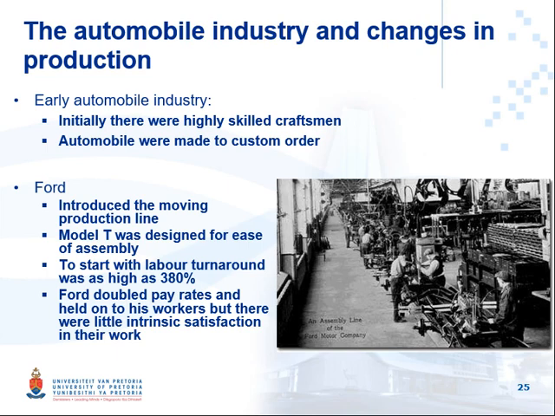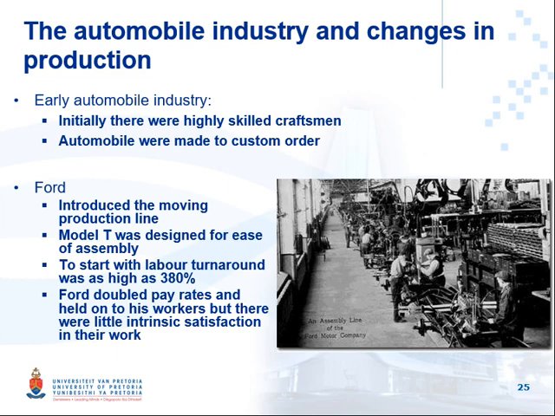The Model T of Ford was the first standard automobile designed for easy assembly. The production line helped Ford to double labor productivity, partially because it brought the work to the worker and partially because it enabled Ford to control the pace of production. With these developments, Ford effectively eliminated the need for highly skilled craftsmen.